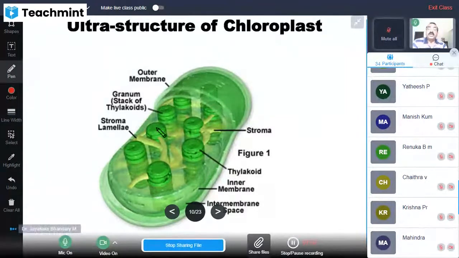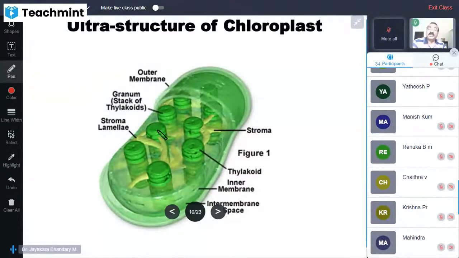There are disc-like structures called thylakoids. Thylakoids are again covered by membranes, and these thylakoids are actually the site of light reaction. The thylakoid membranes house the chlorophyll and other pigments and all other protein complexes, electron carriers, ATP synthesizing machinery. All these things are found in the membranes of the thylakoid. They are stacked together to form structures called granum.